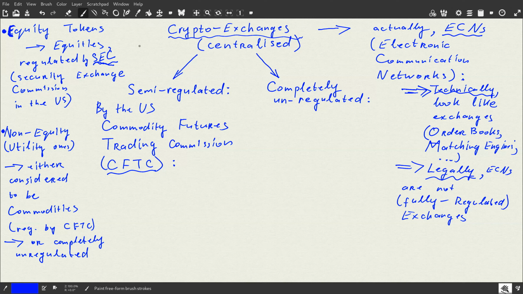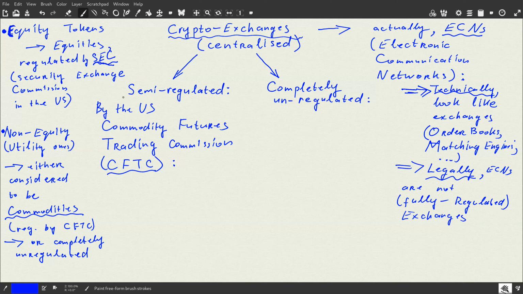If they are not equity, they either remain completely unregulated or trading those tokens is considered to be commodity trading, very much like, for example, oil and gas futures, and regulated by CFTC.